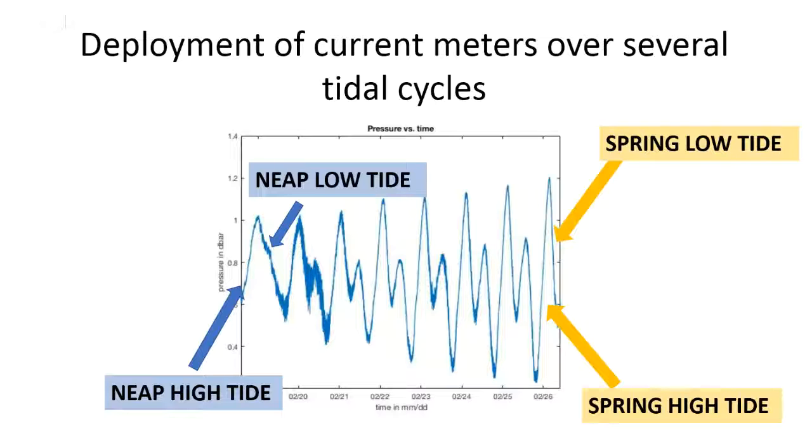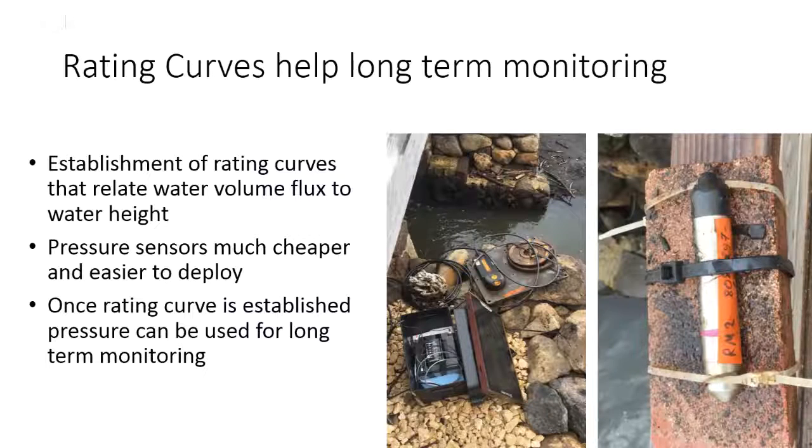And so because the tide varies so much, we really wanted to collect different tidal cycles and capture the data from that. And then we also really wanted to establish rating curves that relate water volume flux to the water level. And this was really important to us because pressure sensors are so much smaller and easier to handle and so much cheaper than those large current meters.